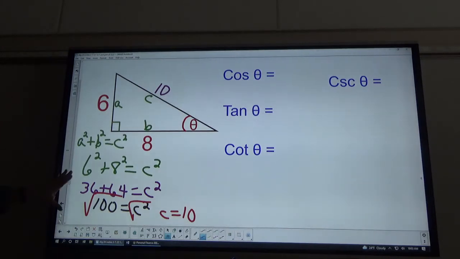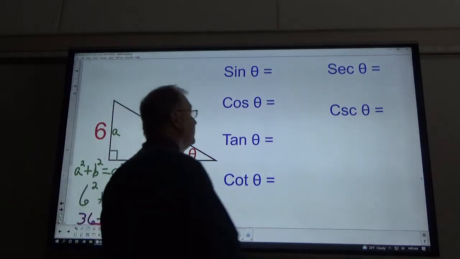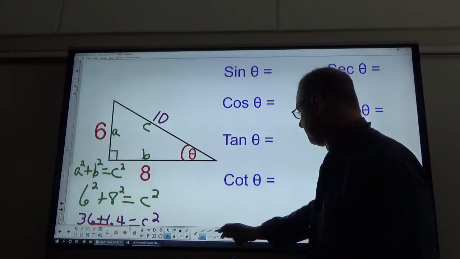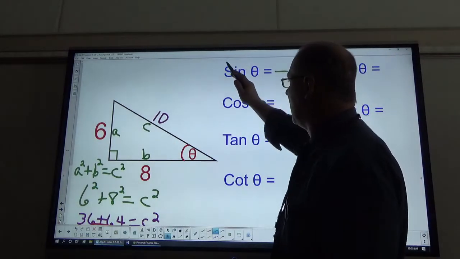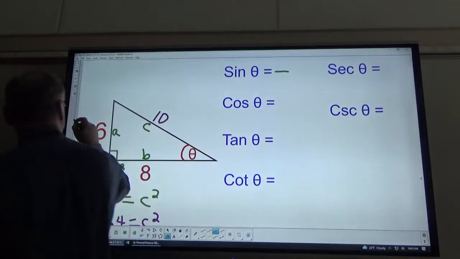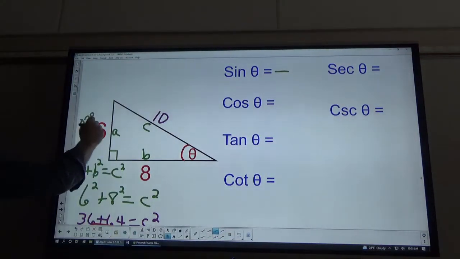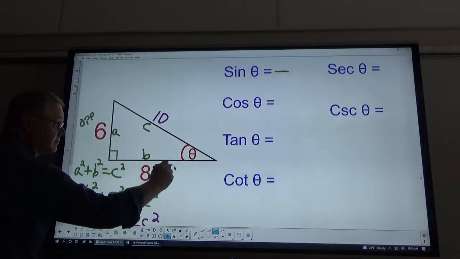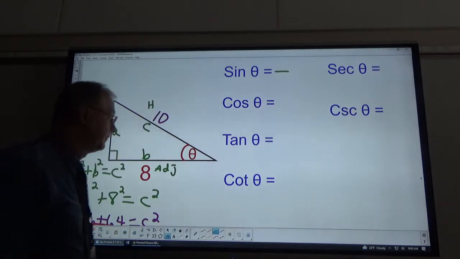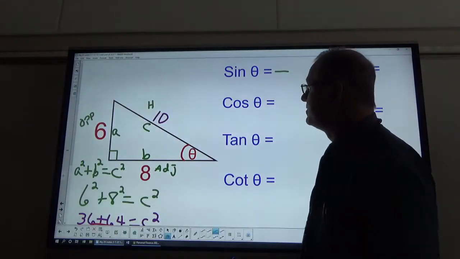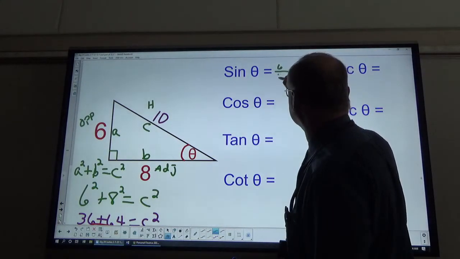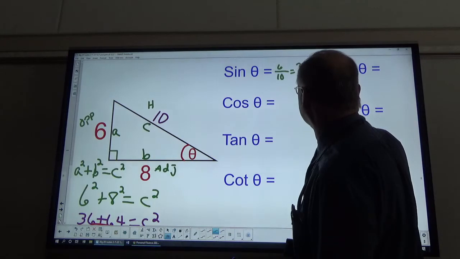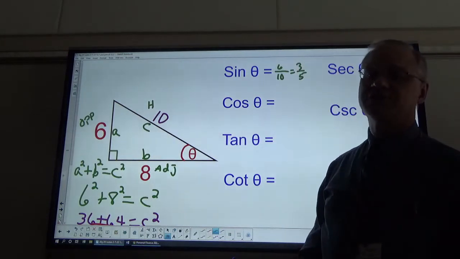Now that I have that information up here, I can go over and start filling these in. Sine is opposite, by the way, opposite, adjacent, hypotenuse. Opposite over hypotenuse for sine. 6 over 10, we know that's 3/5. And you should reduce them if you can.